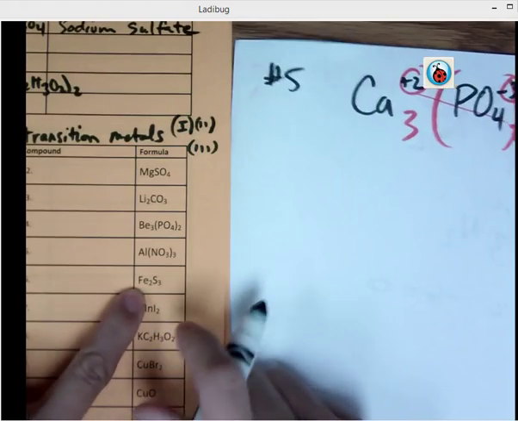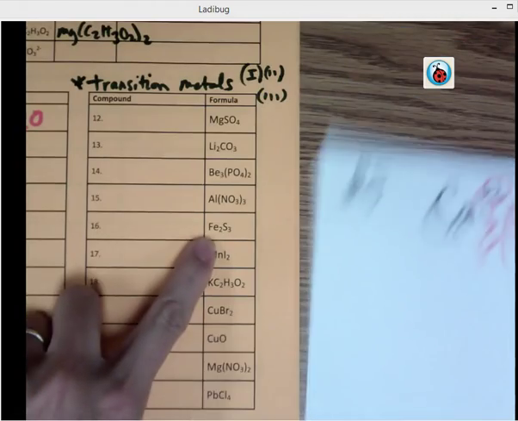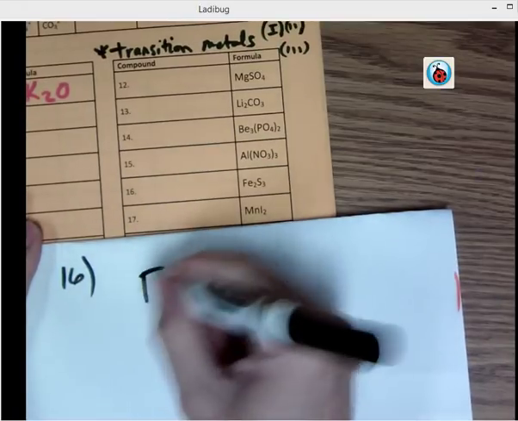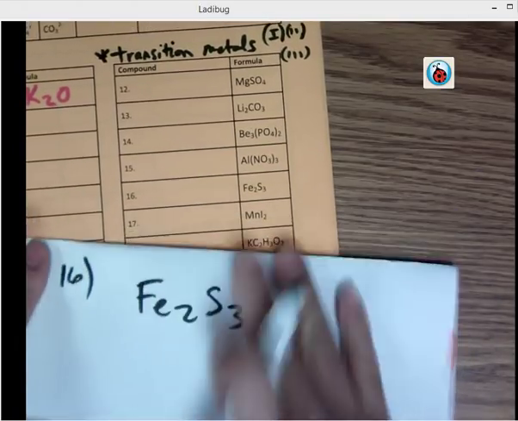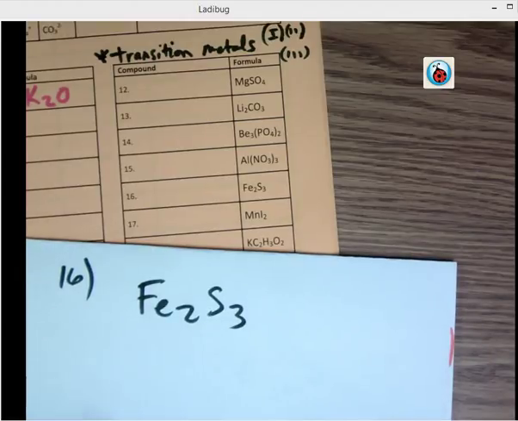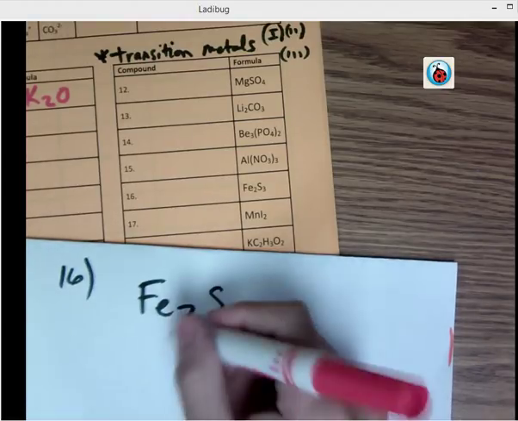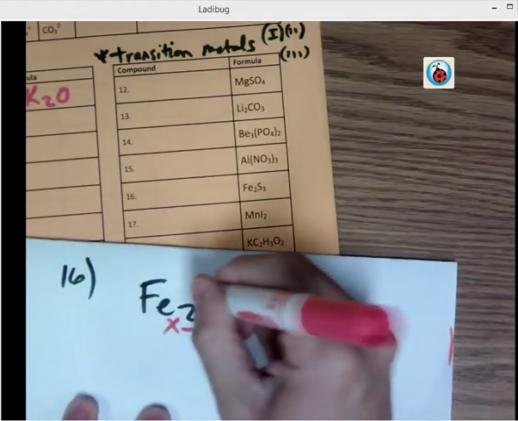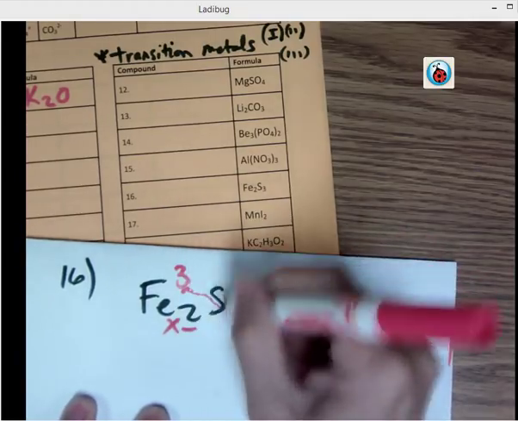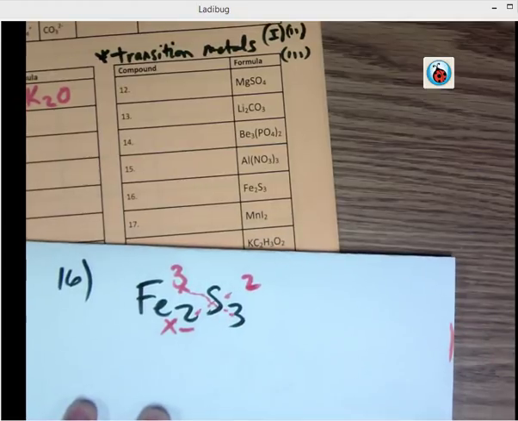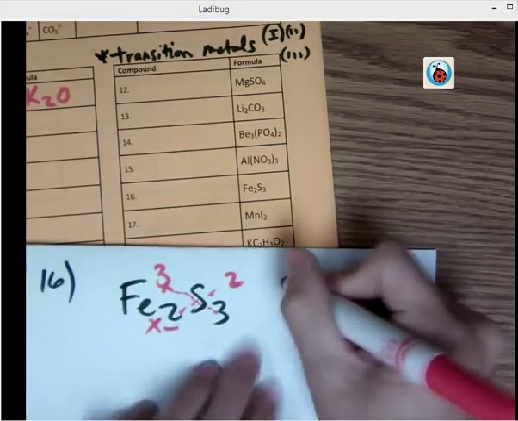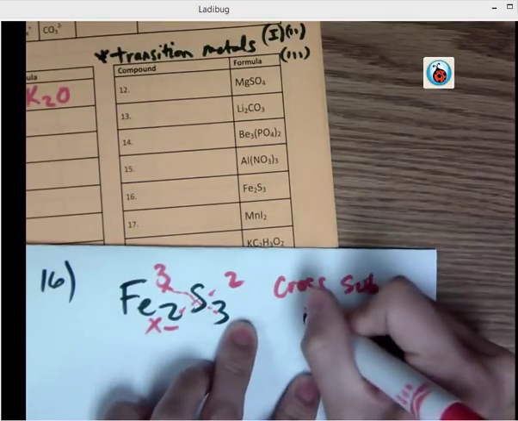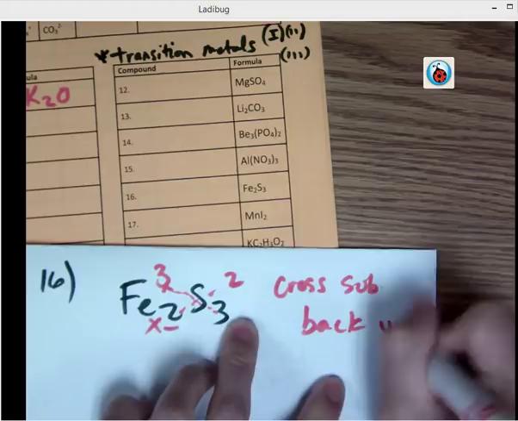Fe2S3, number 16. So how do I know the charge of iron? It's not this 2. Remember we crossed the charge down to the other one, so now we cross the subscripts back up to get the charge.